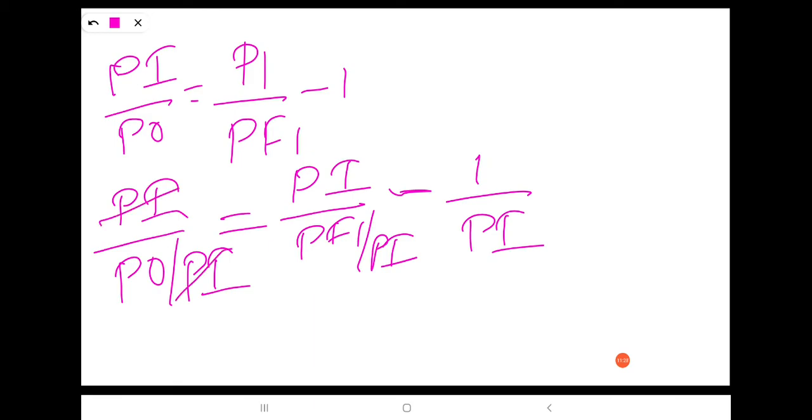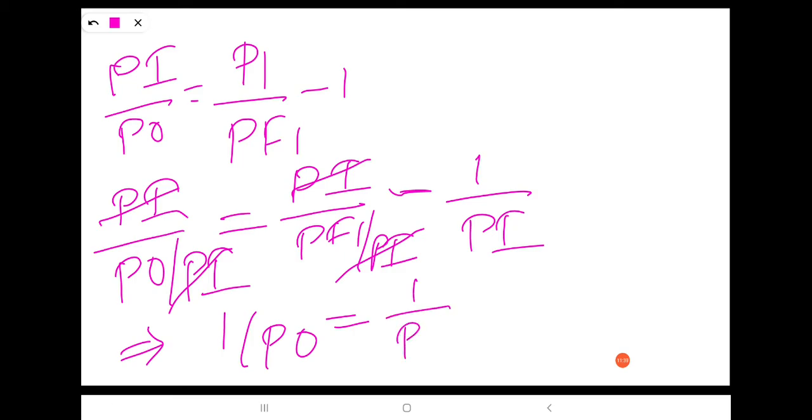So PI gets cancelled and PI gets cancelled. So we'll get 1 by PO equals 1 by PF1 minus 1 by PI.